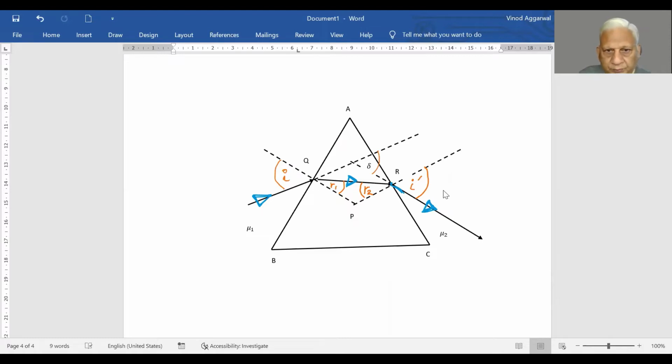The medium from where the ray of light enters the prism is mu1. The refractive index of the prism itself is mu2. And after exiting from the prism, it goes back to medium 1.